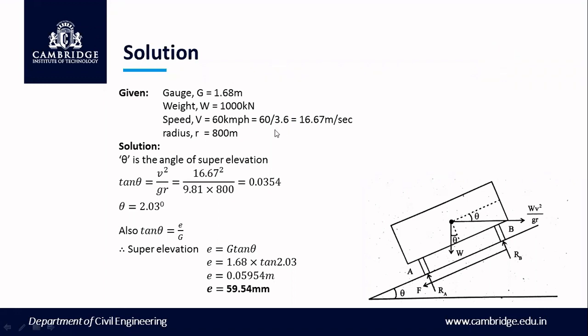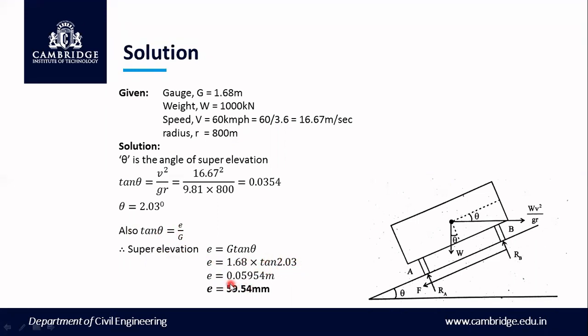We also know that tan theta is equal to E by G. Therefore, from this the super elevation E is equal to G into tan theta. Actually, in banked roads, tan theta will be E by B. Since it is rails here, we are going to take tan theta is equal to E by G. So the super elevation is equal to 1.68 meter into tan 2.03.